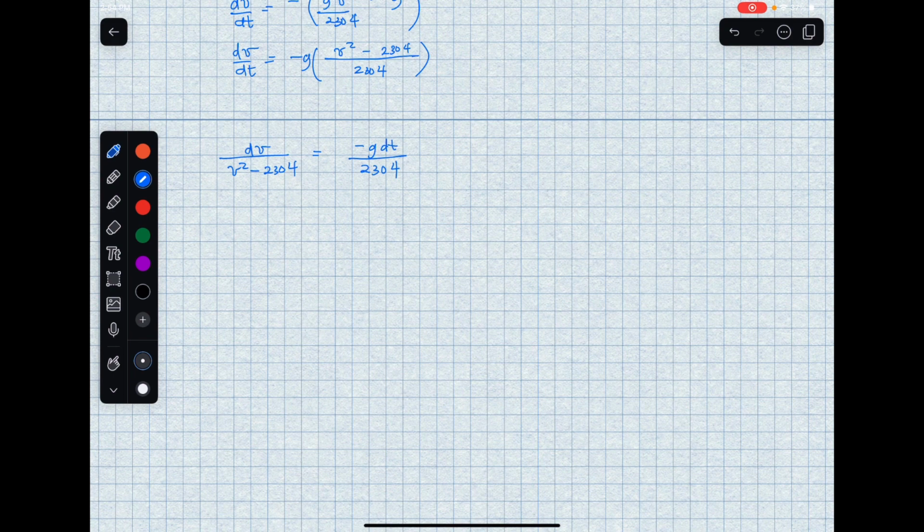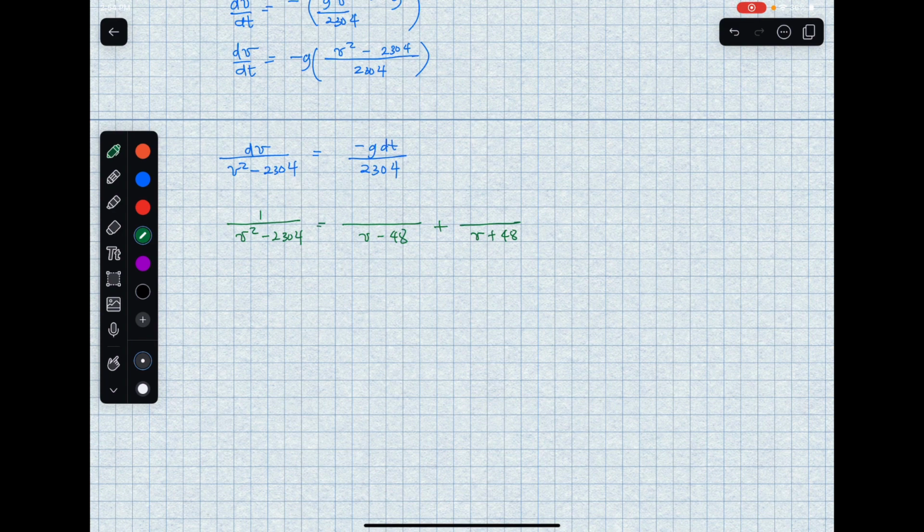This is now a separated equation, so we can find the solution. The denominator v squared minus 2304 is factorable as a difference of two squares, since the square root of 2304 is 48.